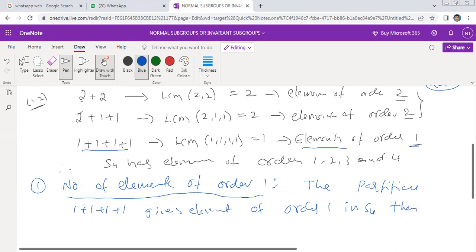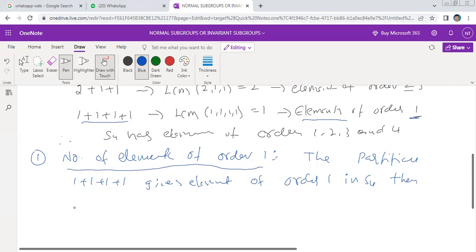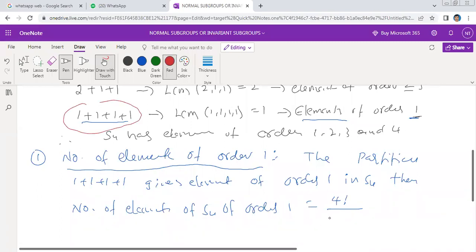Then number of elements of S4 of order 1 is equal to, now this formula is in S4, n is equal to 4, so that 4 factorial by 1 is repeated. How many times is 1 repeated? 1 is repeated 4 times. 1 to the power of 4 into 4 factorial.